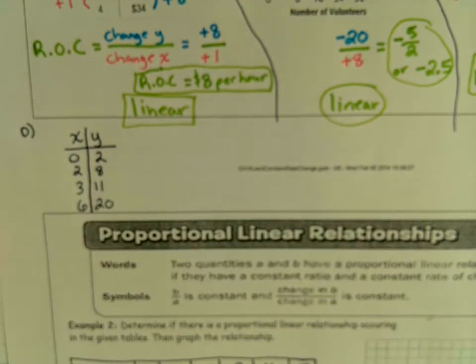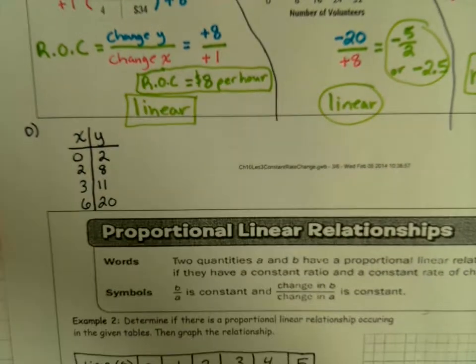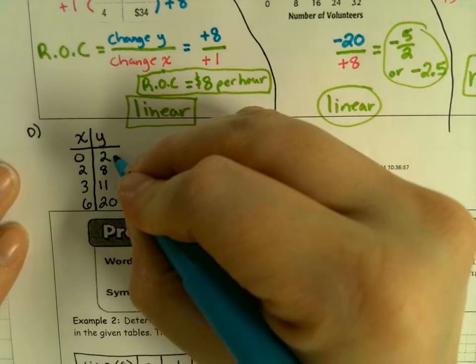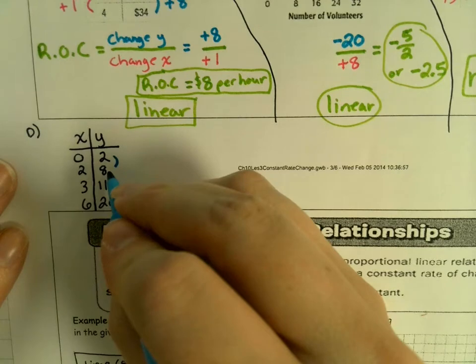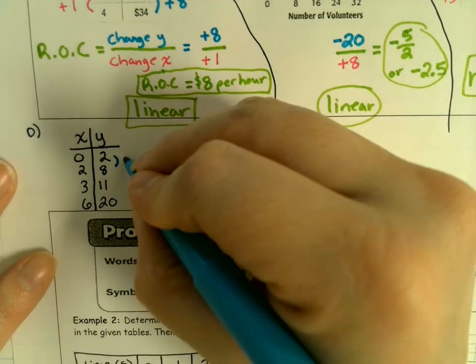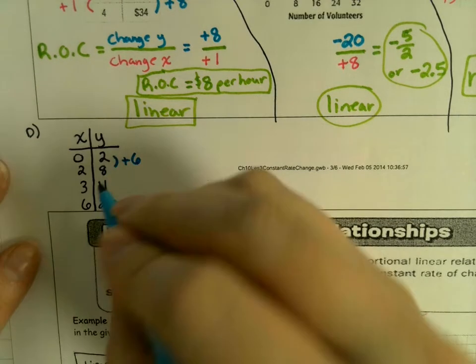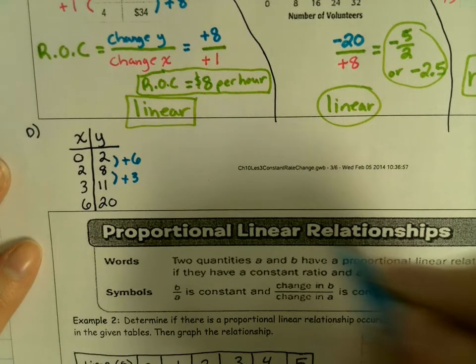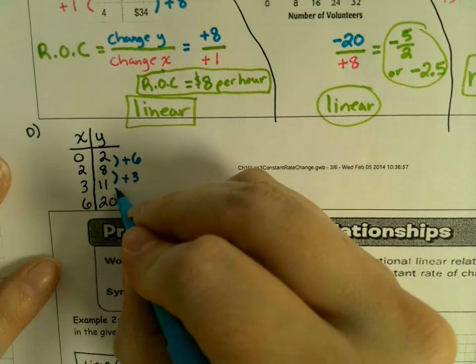Okay, so having this, if I'm going to check the change that's occurring in the y, the first change, going from 2 to an 8, is an increase of 6. But then when I go from 8 to 11, I'm only increasing by 3. And when I go from 11 to 20, I'm increasing by 9.